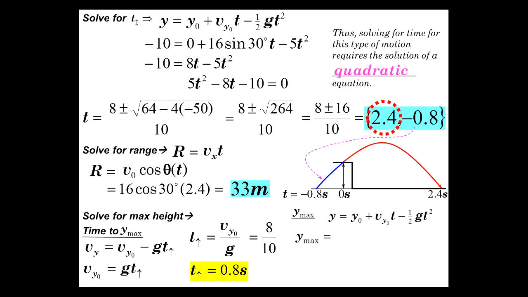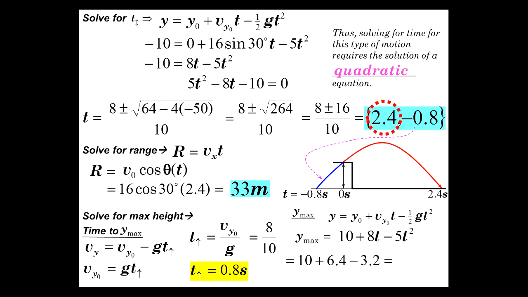So now we can get the maximum height with our equation 5. And we know that we're already at 10 meters, so I'm going to include that this time in my y0. So 10 plus Vy0 t, 8 times t, minus 5t squared.